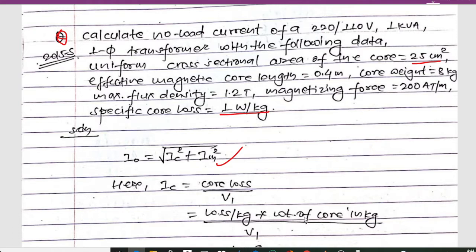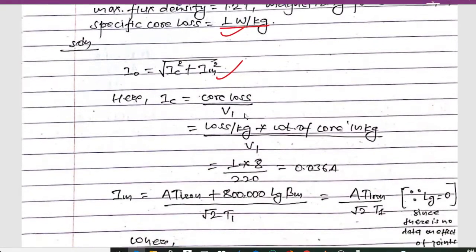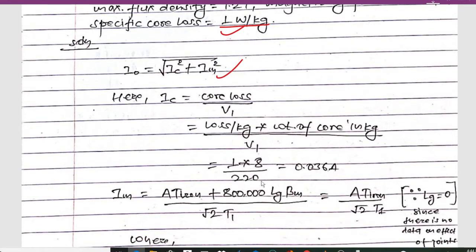Here core weight is given as 8 kg and a specific core loss is given as 1 watt per kg. So 1 into 8 upon V1, means primary voltage 220, so you'll get here 0.036 ampere.